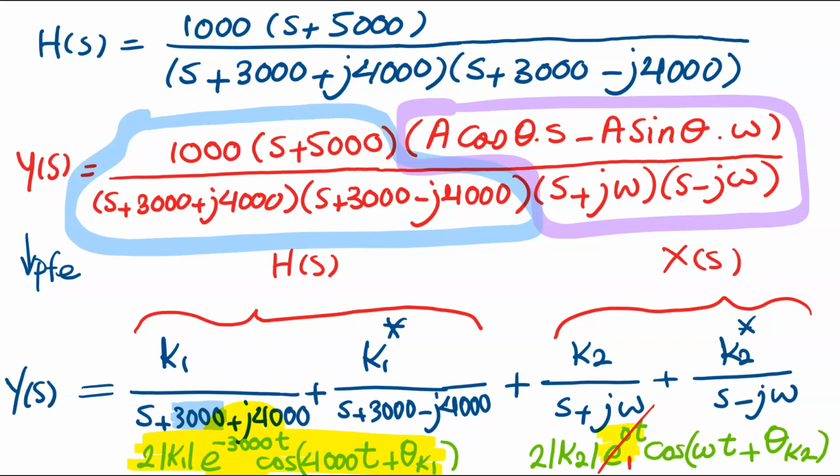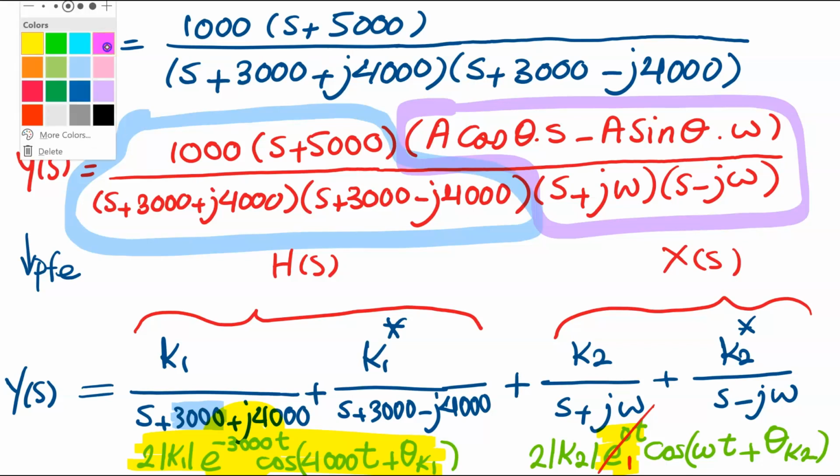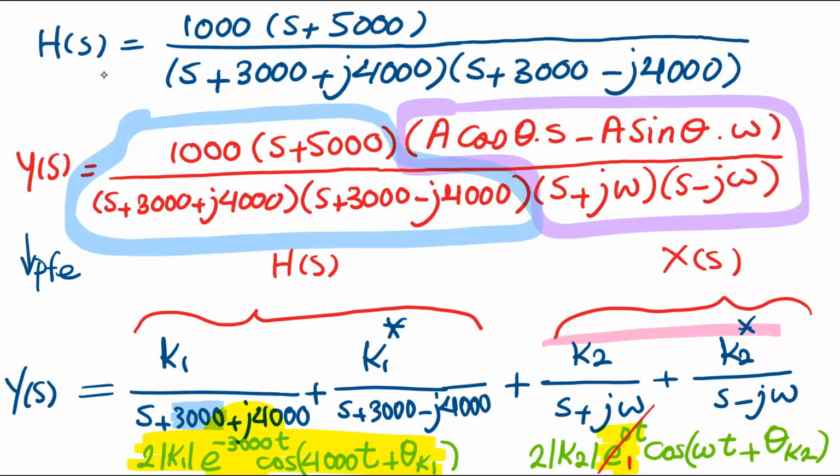This factor is equal to 1, so it basically doesn't damp the response. So this portion of my response is my steady-state response.